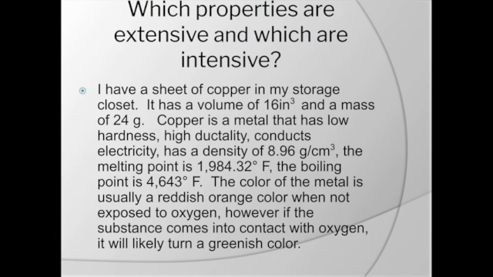The melting point is 1984.32 degrees Fahrenheit. The boiling point is 4643 degrees Fahrenheit. The color of the metal is usually a reddish-orange color when not exposed to oxygen. However, if the substance comes into contact with oxygen, it will likely turn a greenish color.